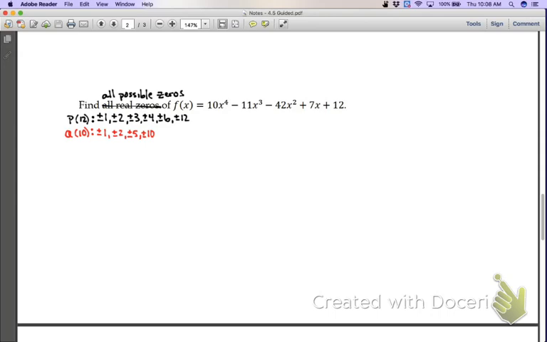So instead of writing all of my factors of 12, instead of writing 1, 2, 3, 4, 6, and 12 again, I'm just going to add to that list that's already up there, that's already in black. I don't need to take 1 and divide it by 1 again. I don't need to take 2 and divide it by 1, 3 divided by 1, 4 divided by 1, 6, and 12.